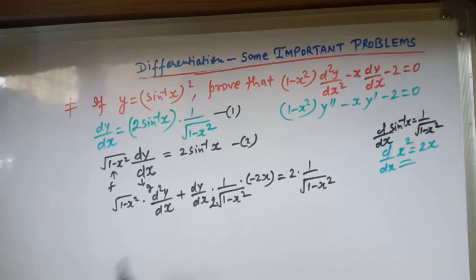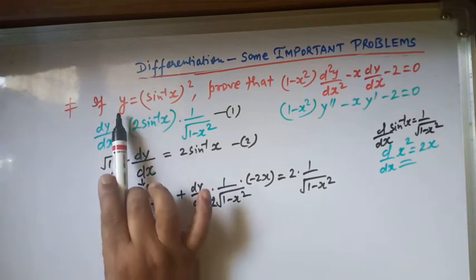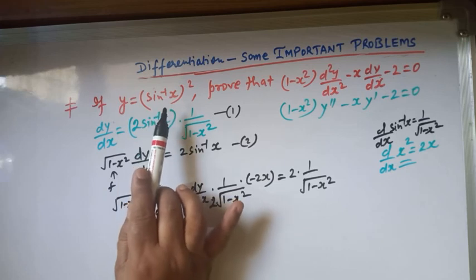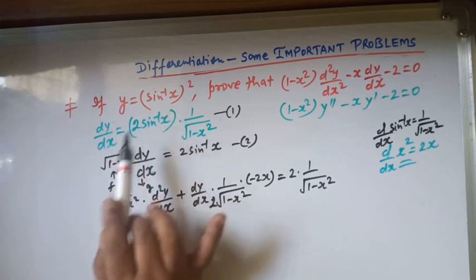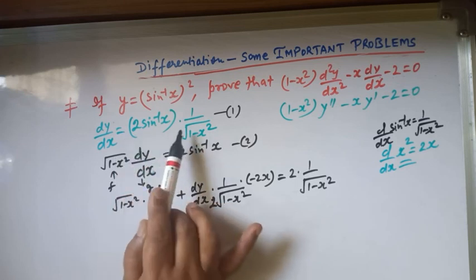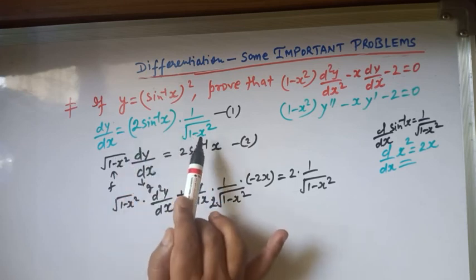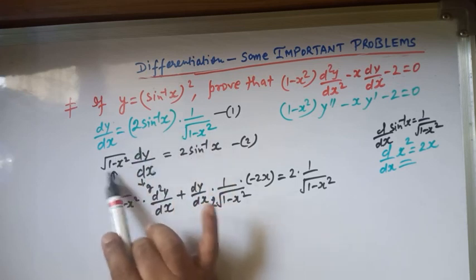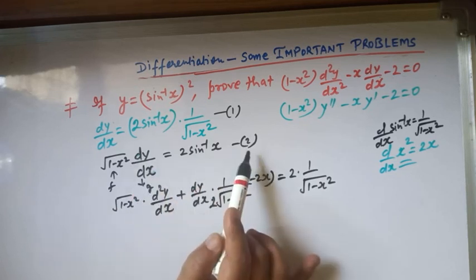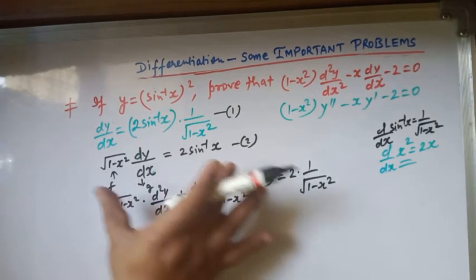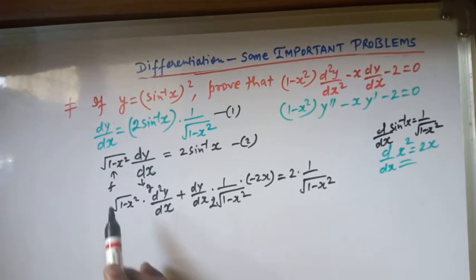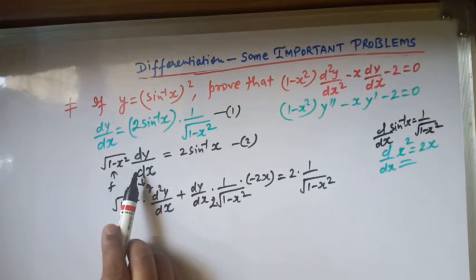Okay. So I am explaining once again. We have y equal to (sine inverse of x) whole square. Then we differentiated it both sides. We get this equation. Then we take this term to this side, and we have the equation 2. Then we differentiated both sides. Here we have applied the product rule.